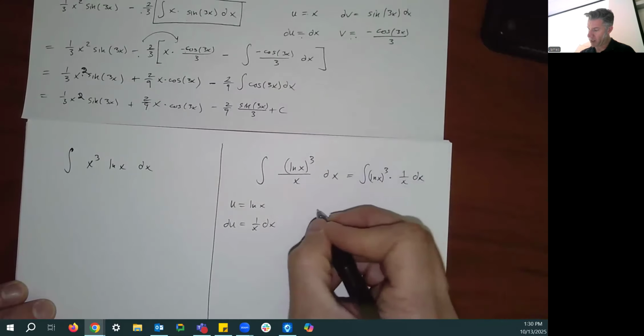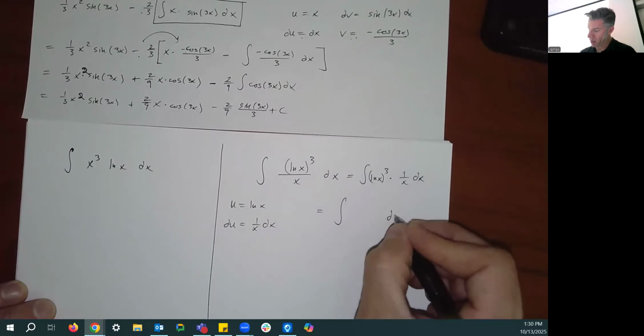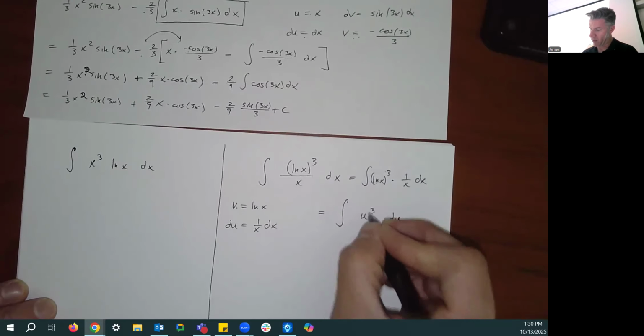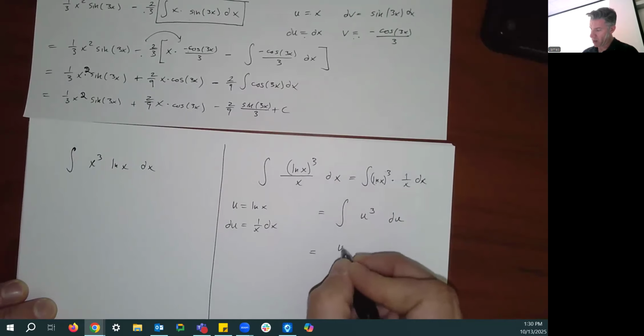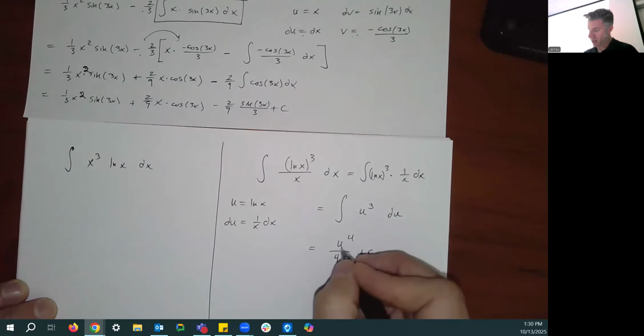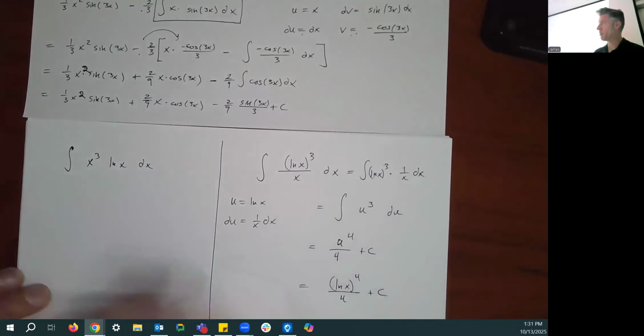So it's easy to see that our 1 over x dx is just our du, and the natural log of x cubed ends up being just u cubed. So this ends up being u to the 4th divided by 4 plus c. That is a u, not a 4 right there. And then that's going to be the natural log of x to the 4th divided by 4 plus c.